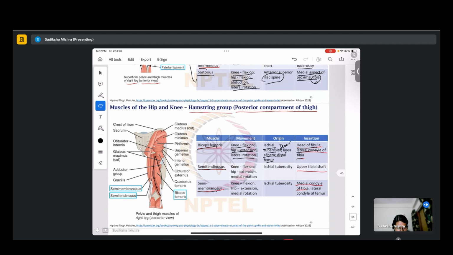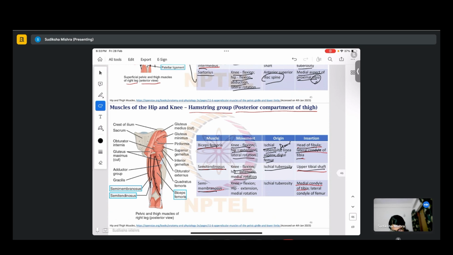Next is the semitendinosus muscle, which is responsible for knee flexion, hip extension, and medial rotation. It also originates in the ischial tuberosity, and it inserts into the upper tibial shaft. So this is the muscle that we are concerned about.